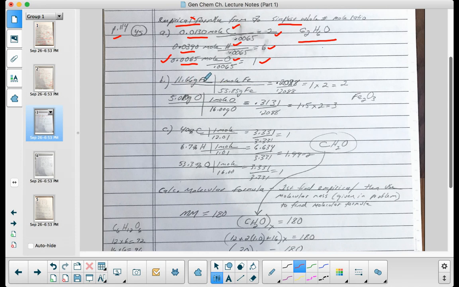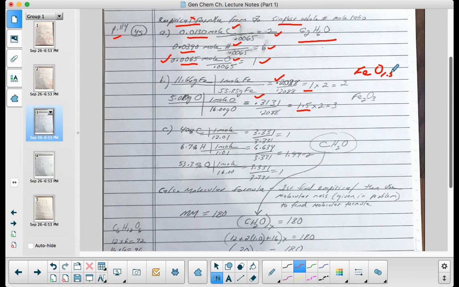So I take that 11.66, divide by that, I get 0.2088. I do the same process with oxygen. I get 0.3131. Then of those two values, 0.2088 or 0.3133, I divide each by the smallest, and I end up with a 1 to 1.5 ratio. But you cannot write an empirical formula like this, Fe1O1.5.